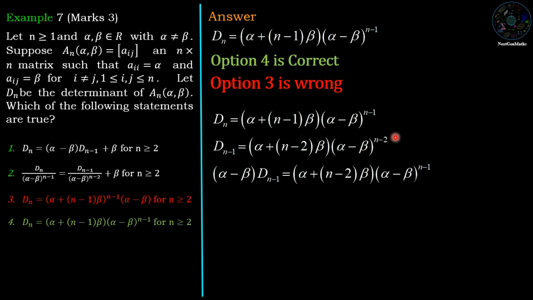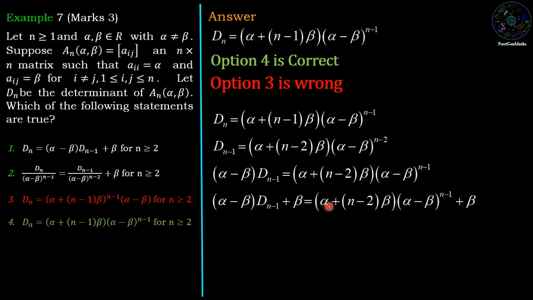Now consider alpha minus beta into Dn minus 1. So we have alpha plus n minus 2 beta, and if we multiply by one more alpha minus beta, we have alpha minus beta power n minus 1. And on the right-hand side we are required to add plus beta, so we add beta.